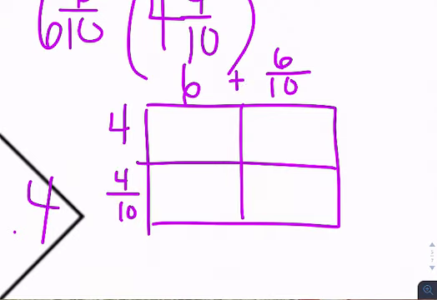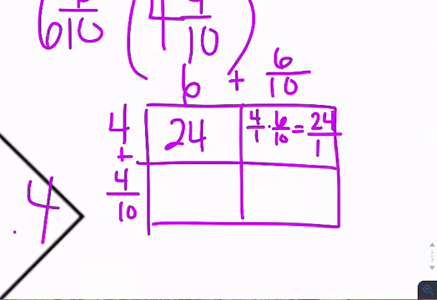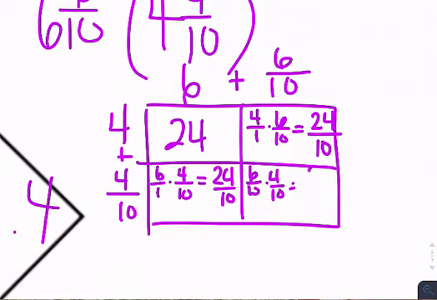So 6 plus 6/10 is 6 6/10. 4 plus 4/10 is 4 4/10. So 6 times 4 is 24. 4 over 1 times 6 over 10 equals 24 over 10. 6 over 1 times 4 over 10 equals 24 over 10. And 6/10 times 4/10 equals 24 over 100.